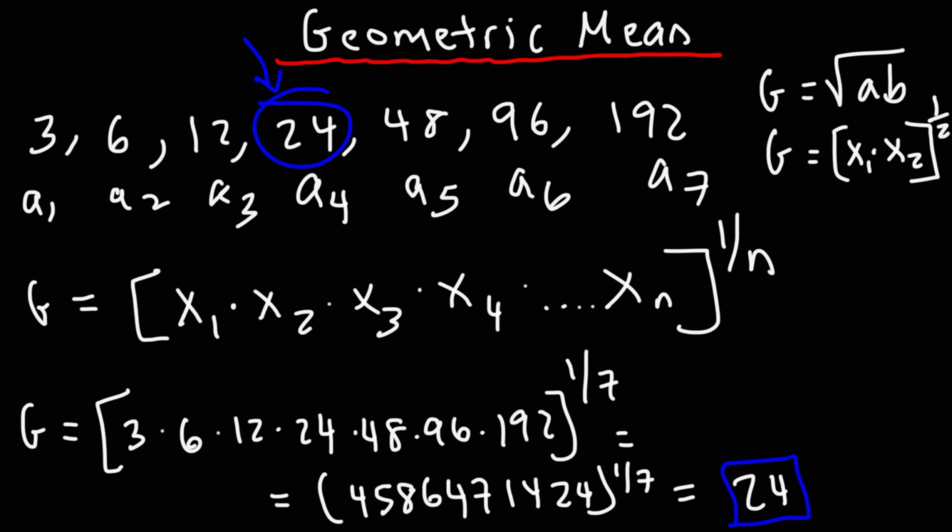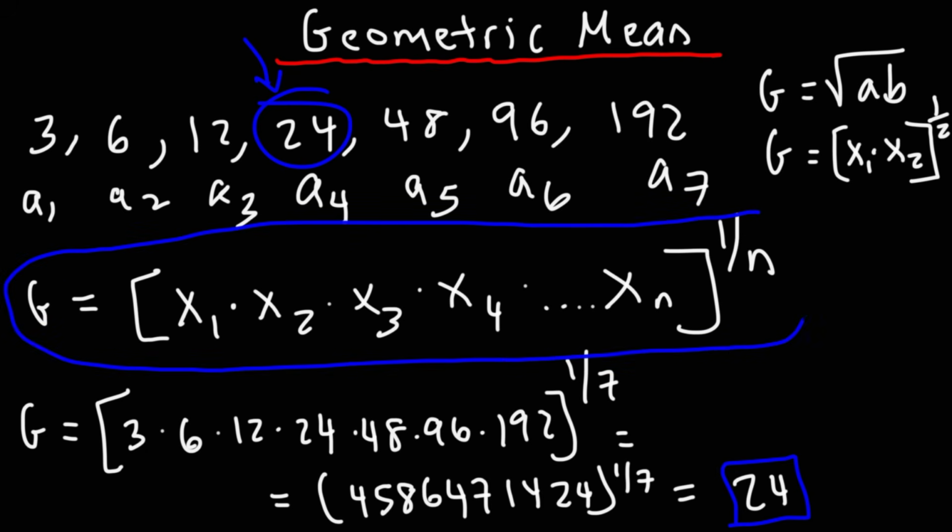So I want you to see how the arithmetic mean works in an arithmetic sequence, and how the geometric mean works in a similar way when dealing with a geometric sequence. But this is the formula that you want to use to calculate the geometric mean if you have many data points. If you just want to find the geometric mean of 2 numbers, you could simply use that formula.